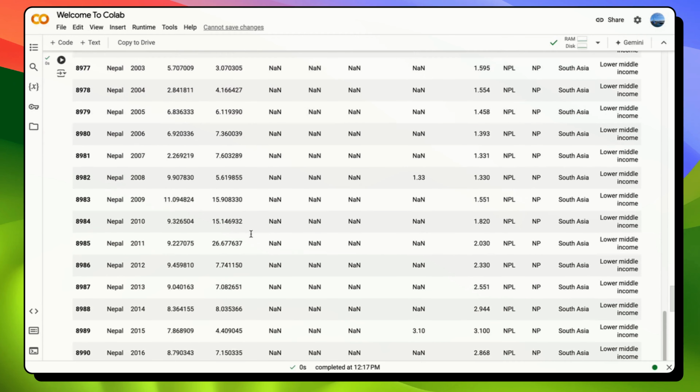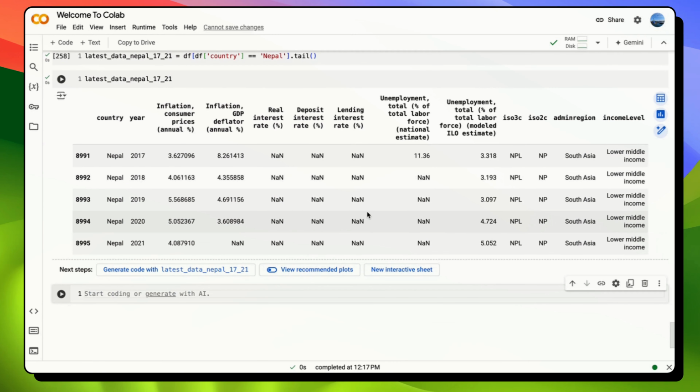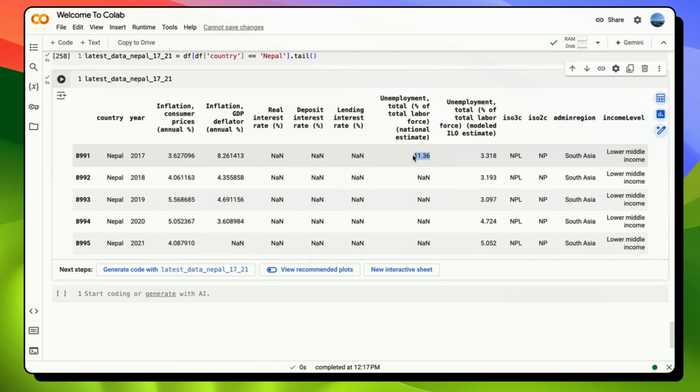So instead of showing all this data, this is what we will see. So the unemployment percent was 11%. Inflation was 5% on average. And GDP deflator was 8%. There are tons of data that has been missing. So the unemployment rate was increasing, right?